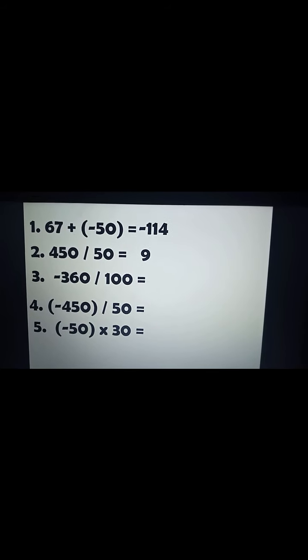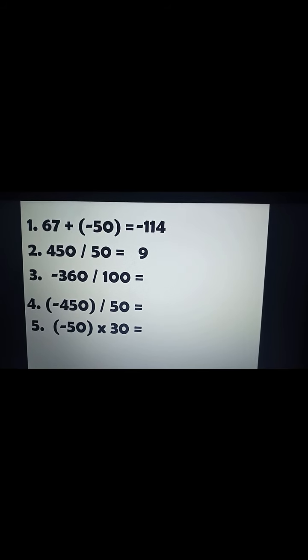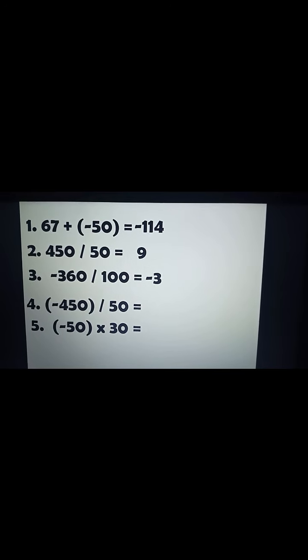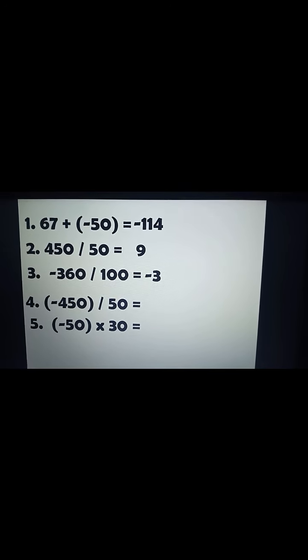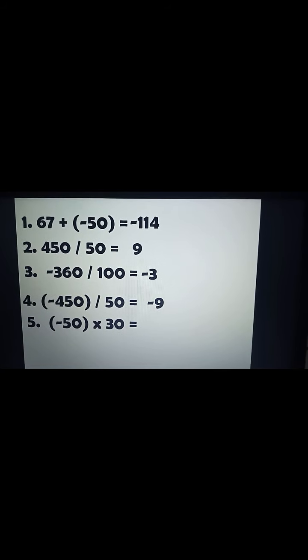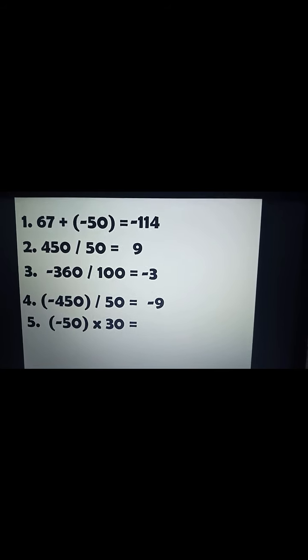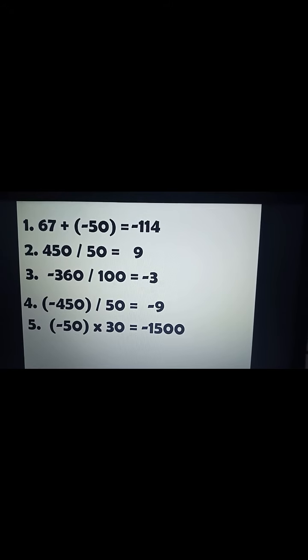Problem number 3, negative 360 divided by 100, the answer is negative 3.6. Number 4, negative 450 divided by 50, the answer is negative 9. And the last number is negative 50 times 30, the answer is negative 1,500.